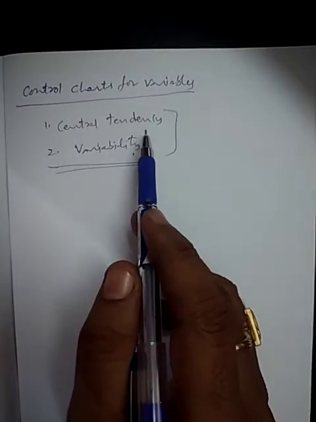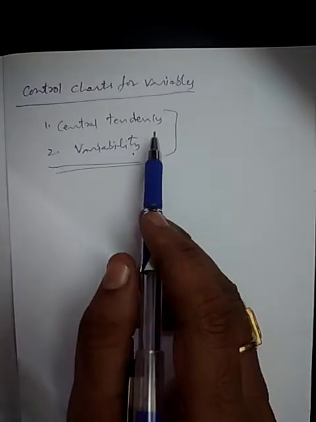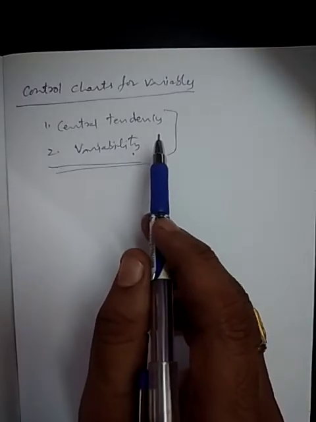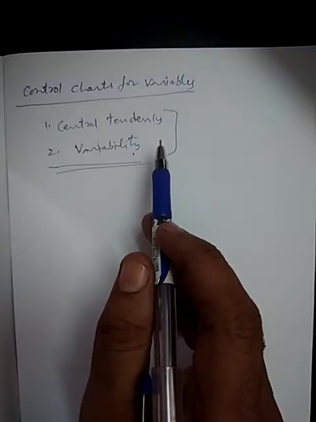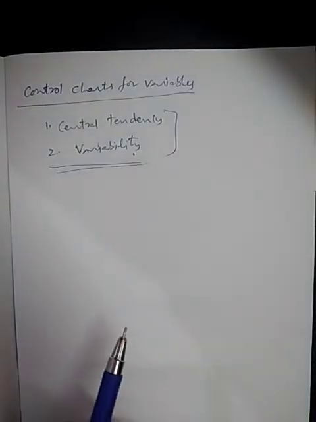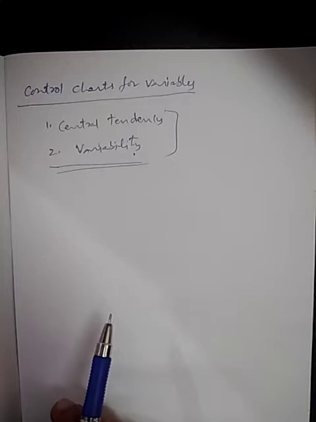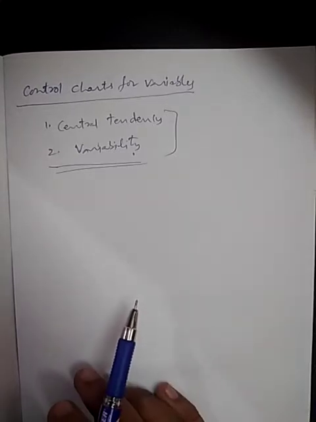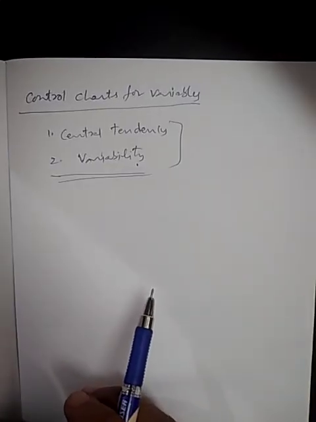Usually, any qualitative characteristic which is measurable quantitatively, such control charts are known as control charts for variables, like the X bar chart, R chart and S chart.